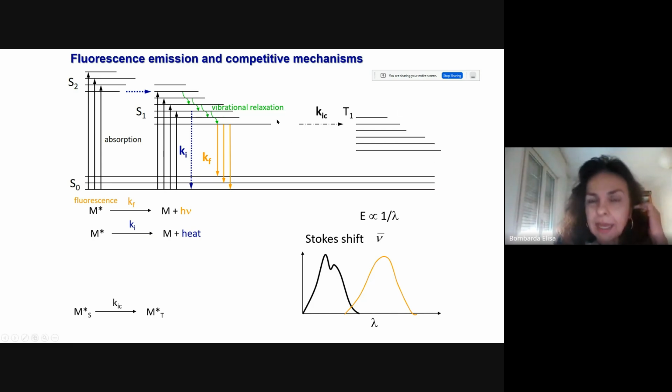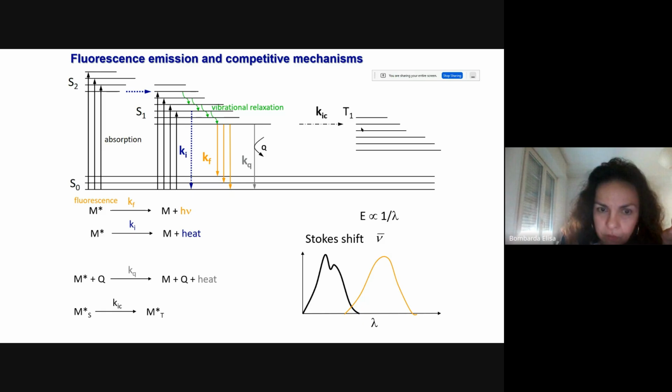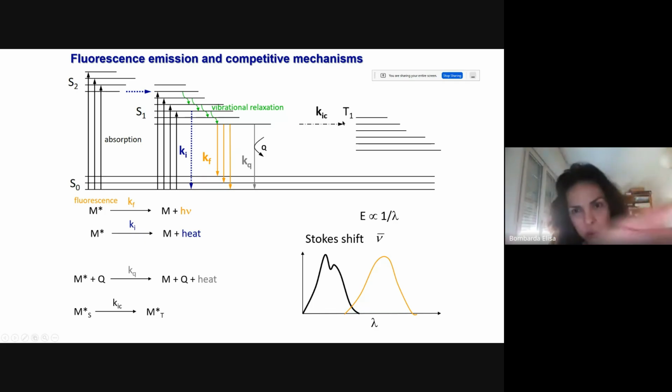It is not allowed because it also requires a change of spin, but it happens. And when the molecule is in the triplet state, a similar phenomenon will happen, but that will be after.